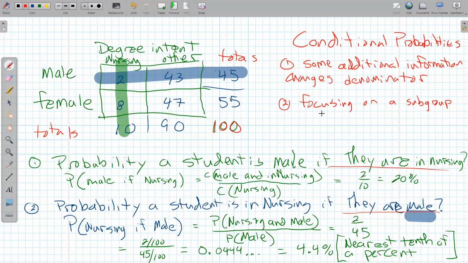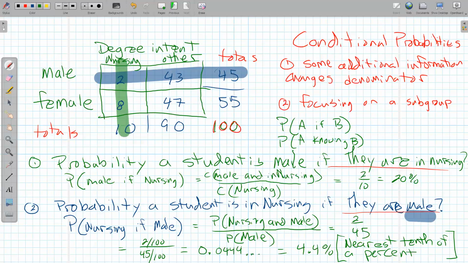And the notation for conditional probabilities, again shorthand, is we have some situation or event A if this other situation B arises or is related. Sometimes instead of if, you'll see something like A knowing B. So what's the probability a student is male?